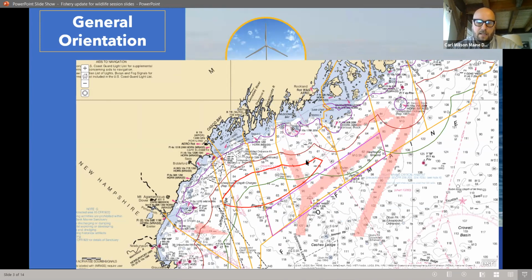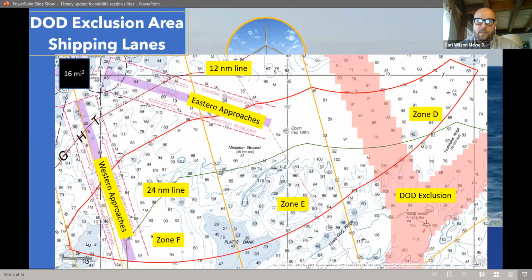On the eastern side, there's an area called Toothaker Ridge that roughly defines that area. If we zoom in, we can see from the fisheries perspective, this crosses three lobster fishing zones, Zone D, Zone E, and Zone F. This area is also dominated by the eastern and western approaches to Portland, the two shipping channels.